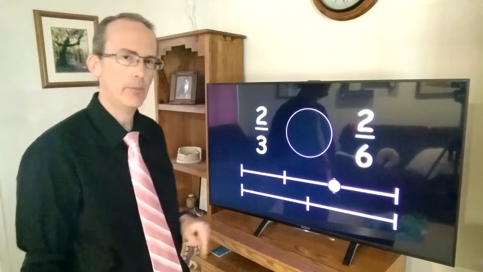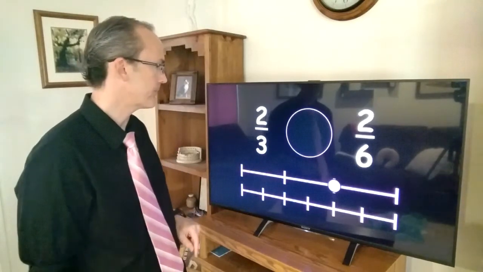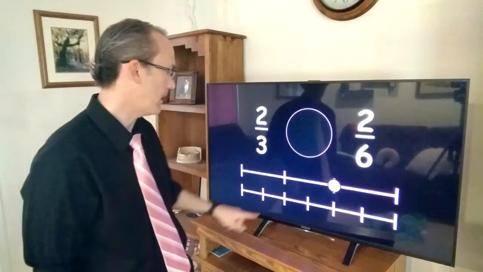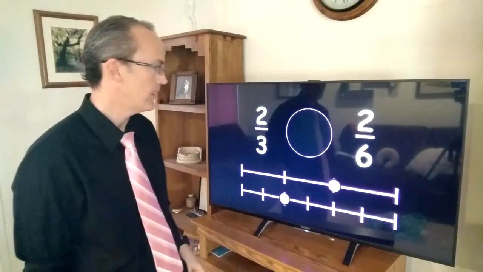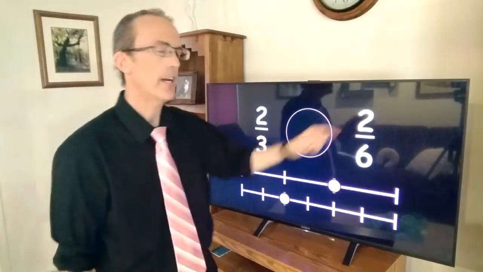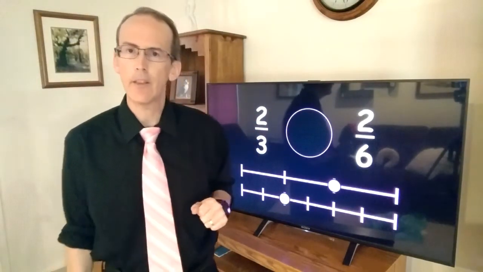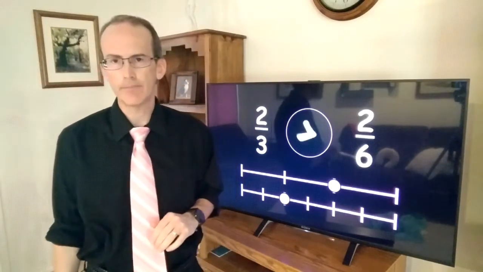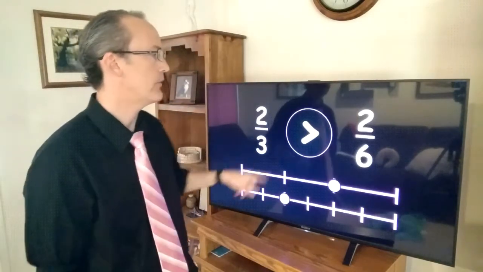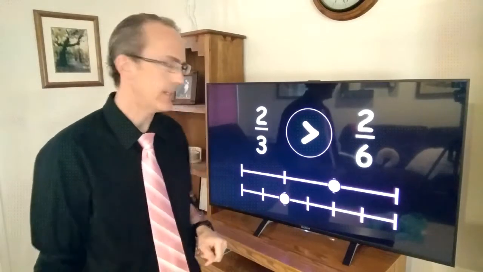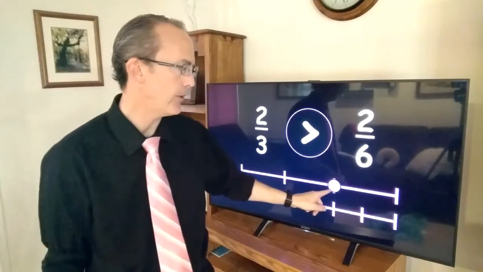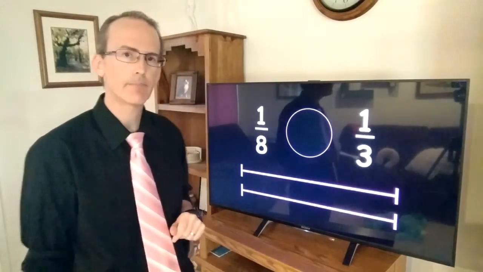This time we need 6 pieces, and we put the mark on the 2nd piece. So you can see, even though they are both 2 for the numerator, they are not equal. 2/3 is greater than 2/6. It has traveled further on the line.